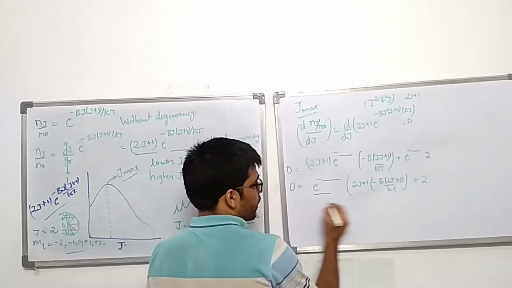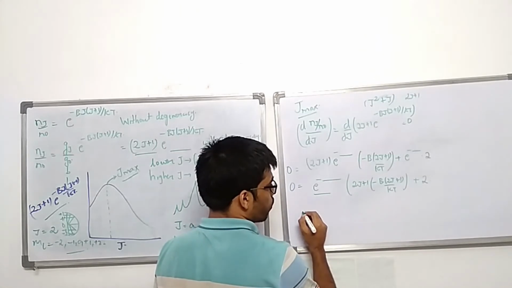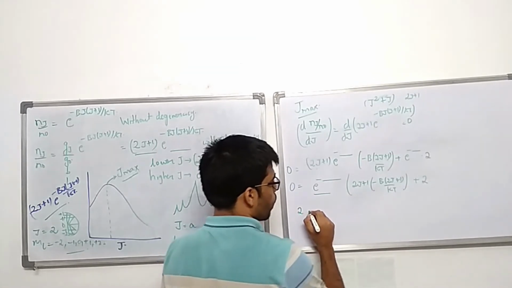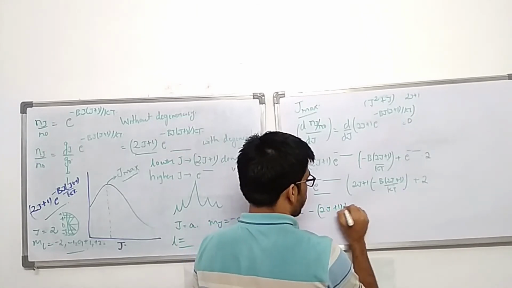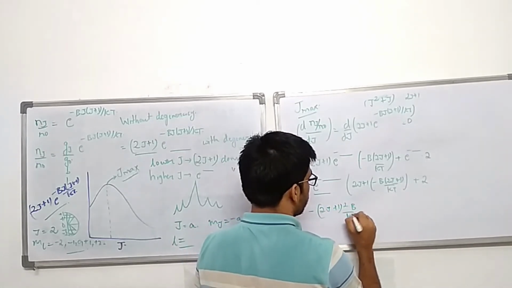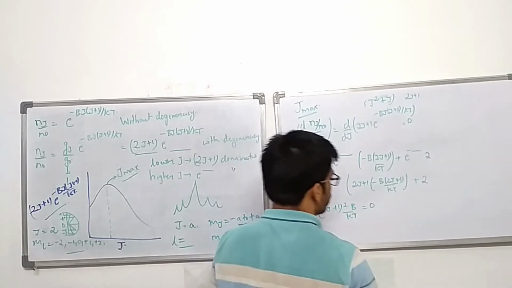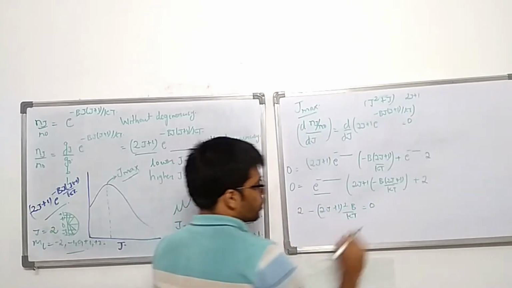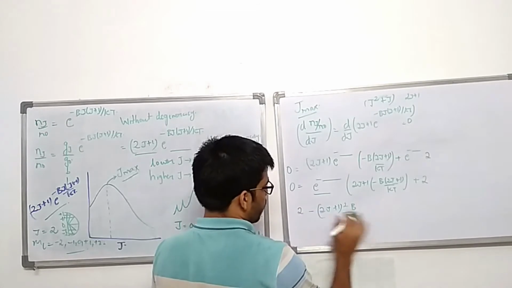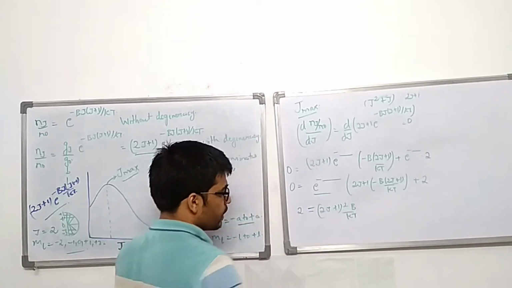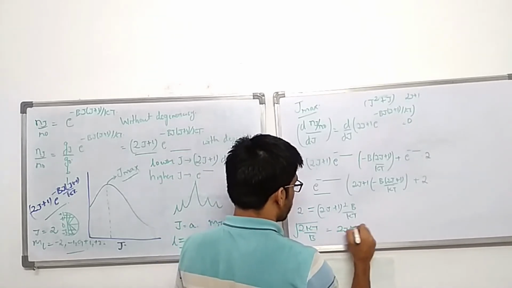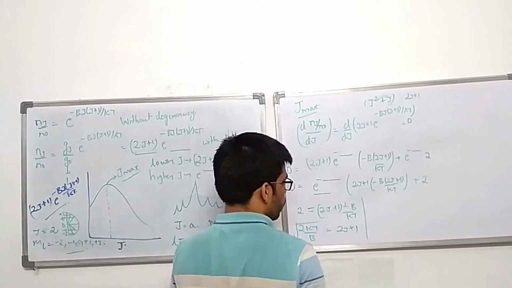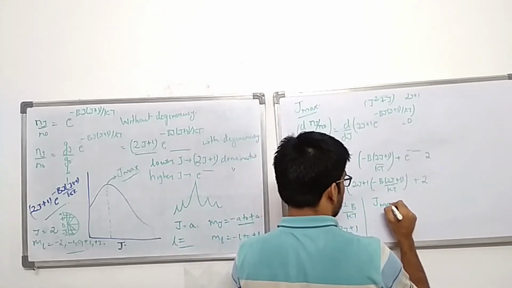So what you get is 2 minus (2j plus 1) square b by kt. This is equal to 0. So if I remove 0 and take this to the other side, I should get this. That would mean under root 2 kt by b is equal to 2j plus 1, or let's say this is my j max.